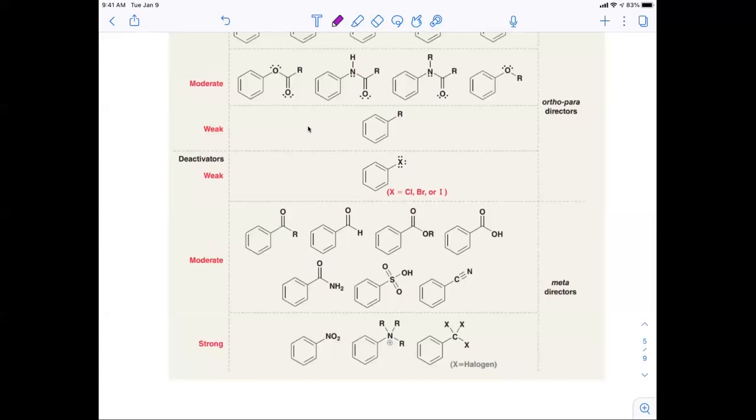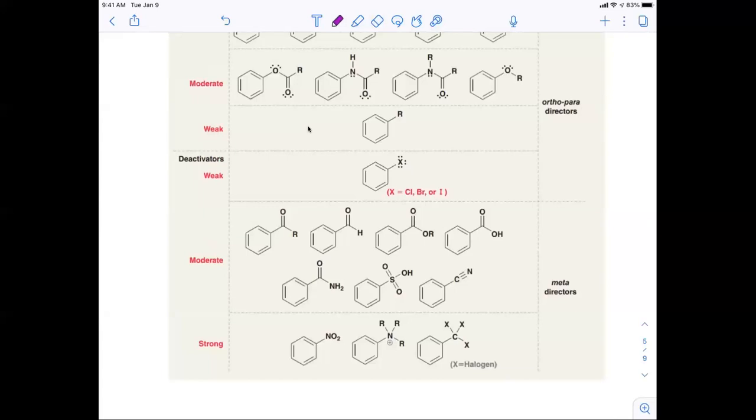This is the one you need to watch for. If you're not careful with this, you'll get all discombobulated and forget everything else. So think about lone pairs outside the ring: those are ortho-para directors.